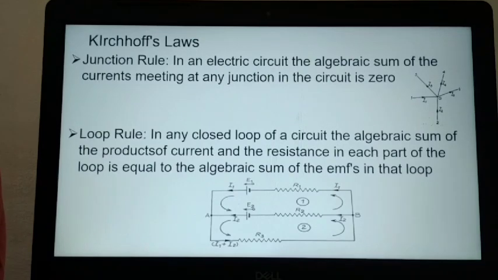From the right top to A, no cell is present, and from A to B, E2 is present. But when you are moving from A to B, the positive terminal of E2 is found first. So E2 can be taken as positive. So the algebraic sum of EMFs will be minus E1 plus E2, that will be E2 minus E1.